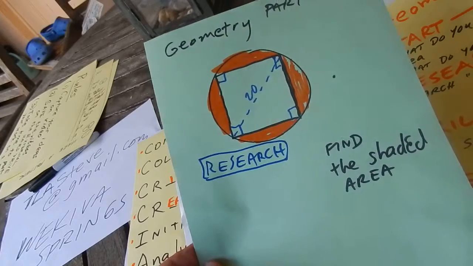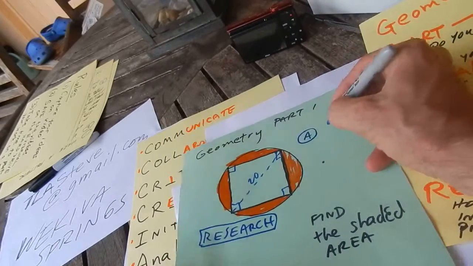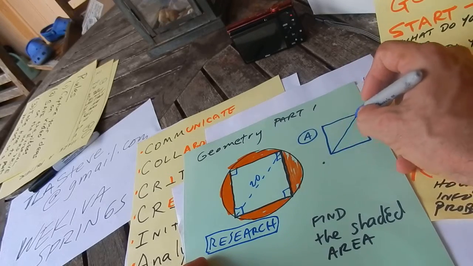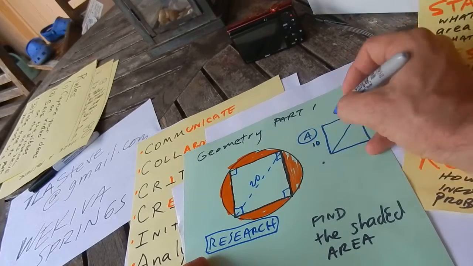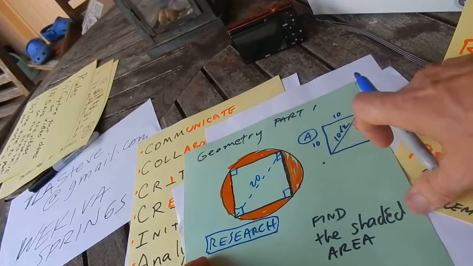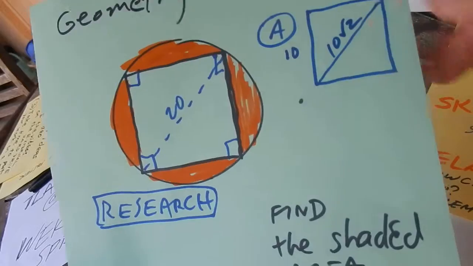That's okay. We know something about squares. That's the first thing we have to look at. I think most of us know this ratio: if the side is 10, then the diagonal is going to be 10 root 2. You just multiply by root 2. If you haven't learned this one, that's a very quick one.